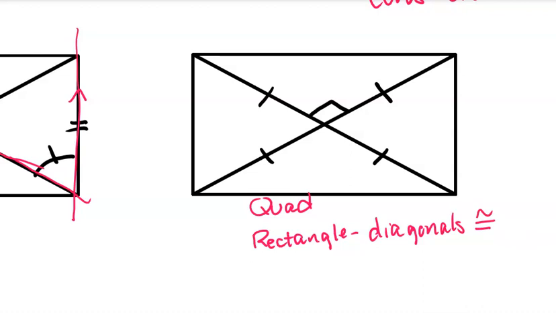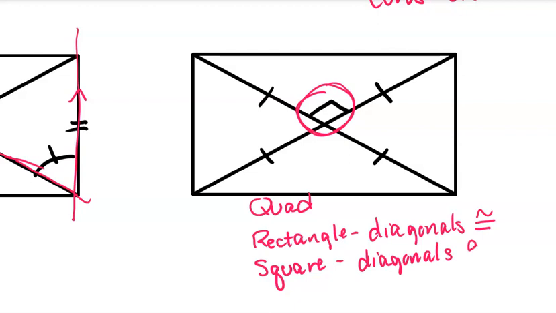Okay, and then it's got this angle right here. So if the diagonals are congruent and the diagonals cross at 90 degrees, then this definitely is a square. So the diagonals are 90 degrees, the right angles. Put right angles there instead.